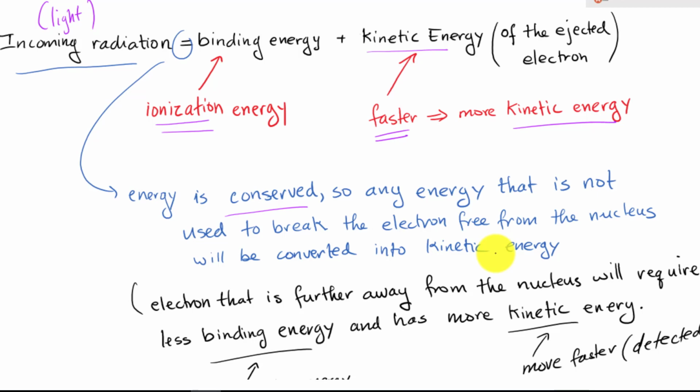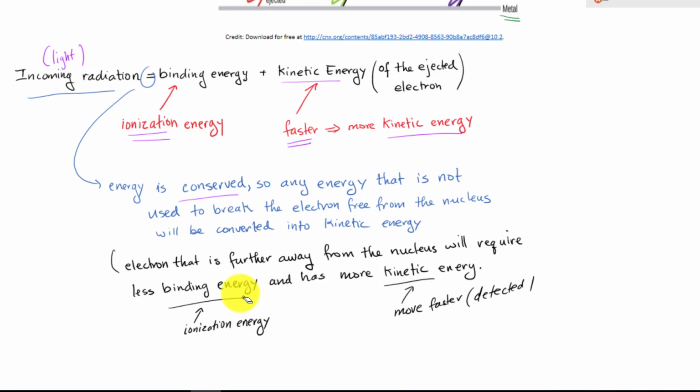So how is that important? With that information, we can now explain that an electron that is further away from the nucleus will require less binding energy. That makes sense. If it's further away, the electrostatic attraction between them is much less, so it will require less energy. And if it requires less energy, the leftover energy will be converted to kinetic energy.